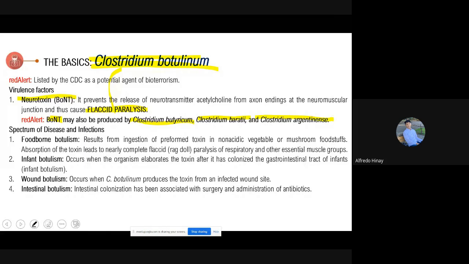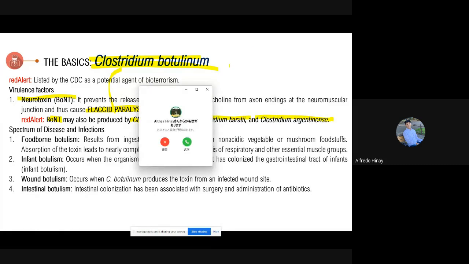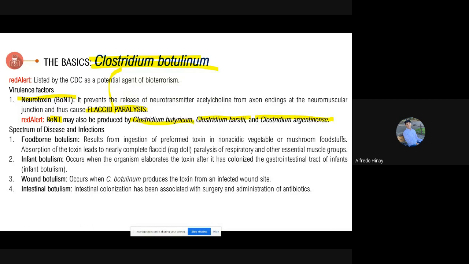Take note because in the pre-board exam, for example, a question may ask which of the following will not produce the neurotoxin. We should know the four: Clostridium botulinum, butyricum, baratii, and argentinense.